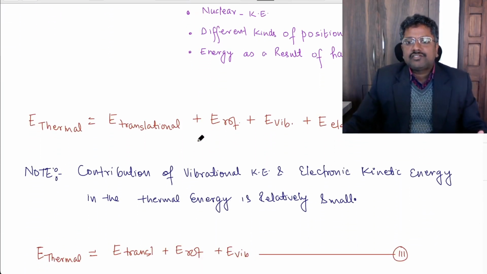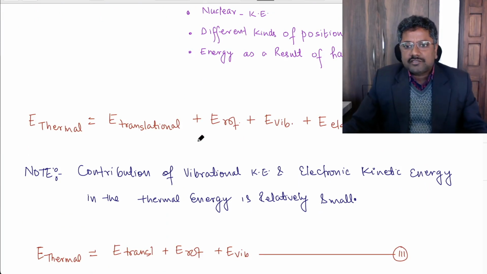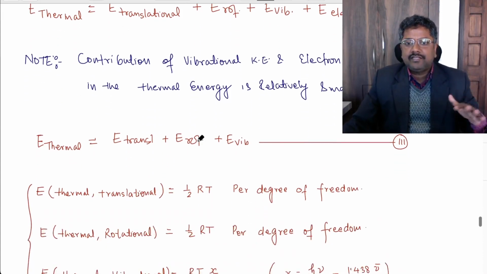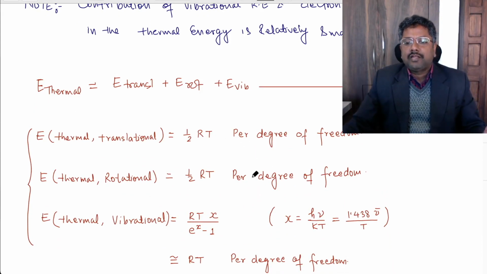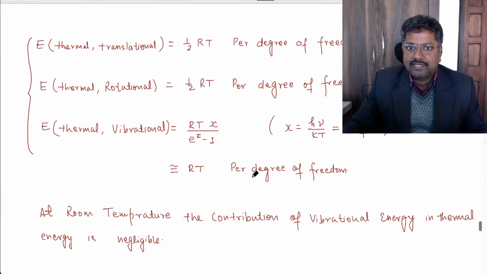What is thermal energy, and what different contributions are in the thermal energy? What contribution is more and which contribute is less? Everything I have clearly mentioned here. And here I have left one question: how to calculate degree of freedom and total energy. So in the next class, I will discuss about that, right?